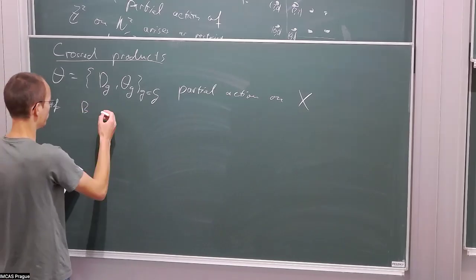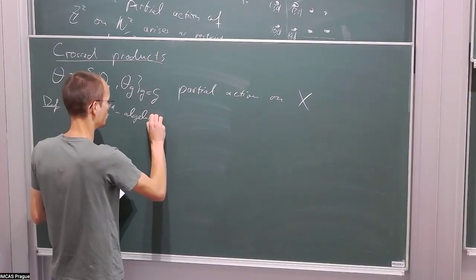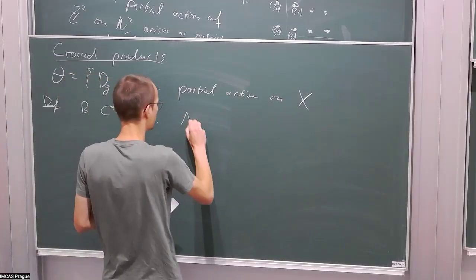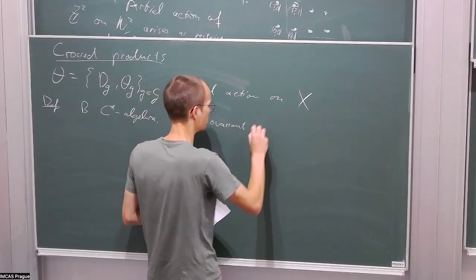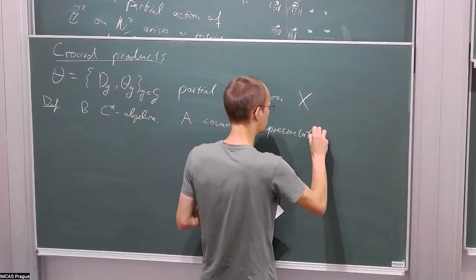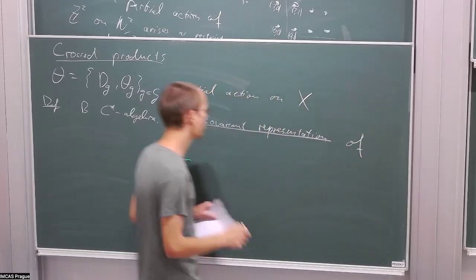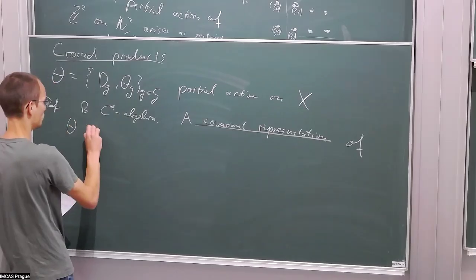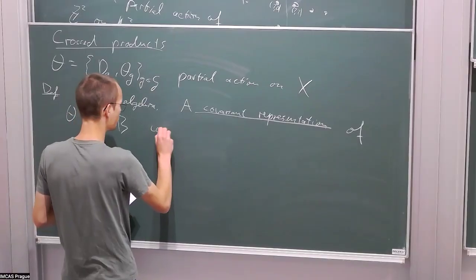So let B be a C-star algebra. A covariant representation of theta on B consists of the following.